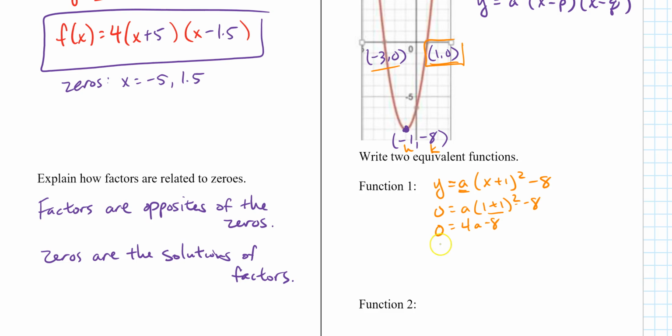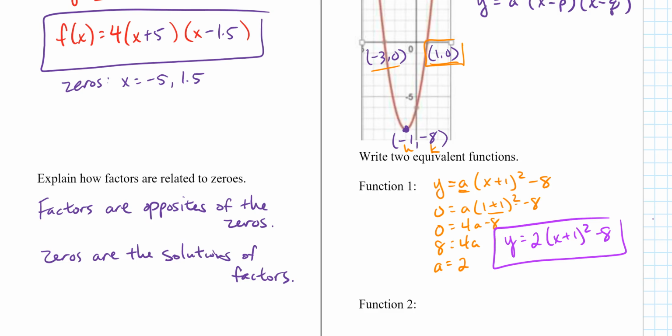If I move the 8 to the other side, I have 8 equals 4a, divided both sides by 4, and a is going to be 2. So that function then is y equals 2 times (x plus 1) squared minus 8. That's vertex form.